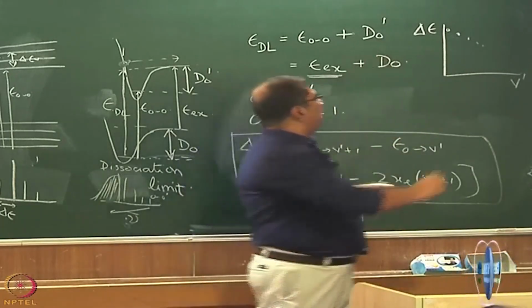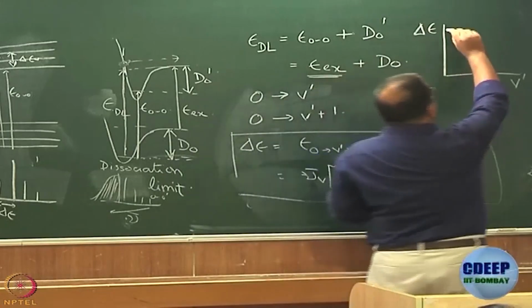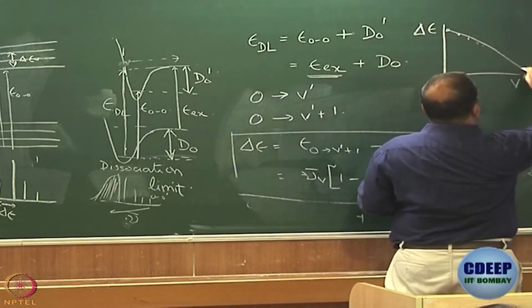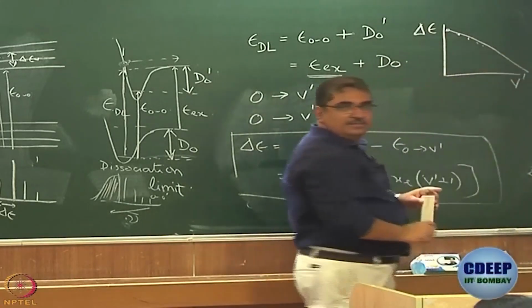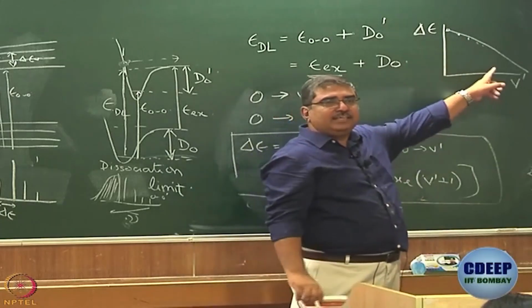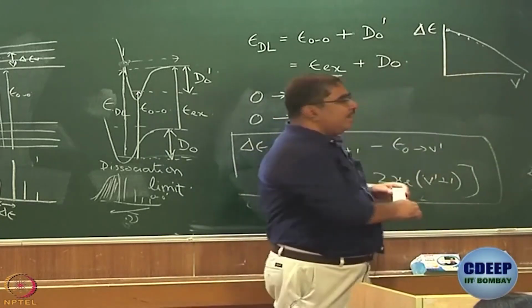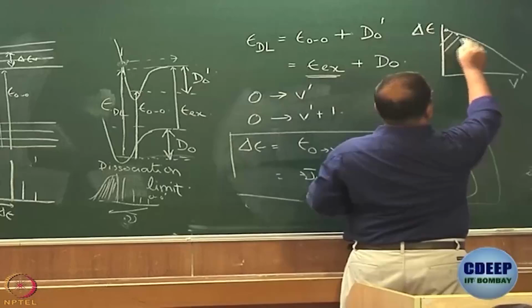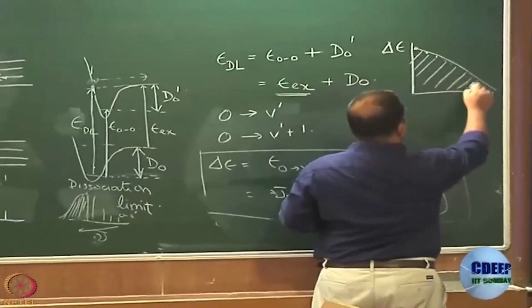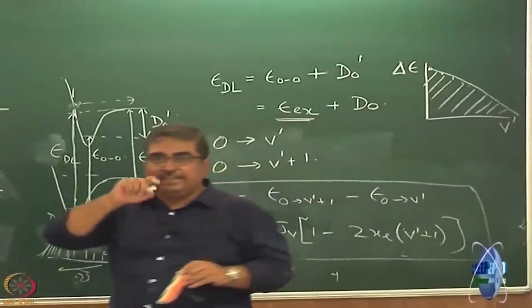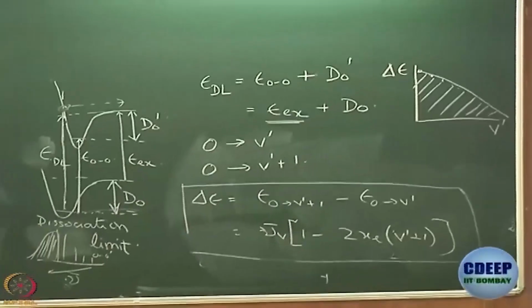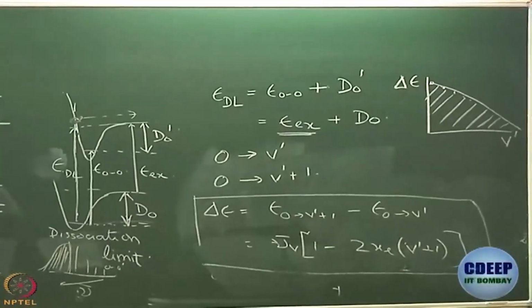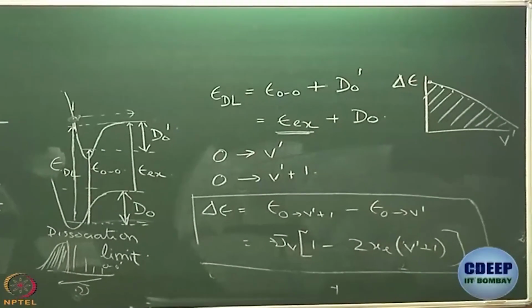So, one thing we can do is this, we can just extrapolate, draw a line and draw it until it cuts x axis. If I work out the area under this curve, what does that area give me? You understand what I am saying?